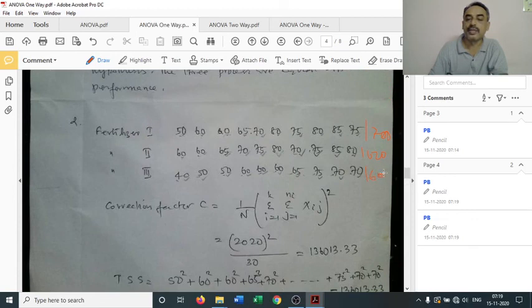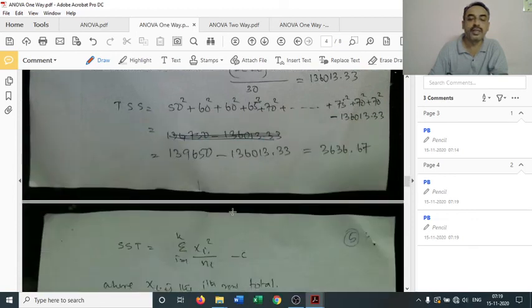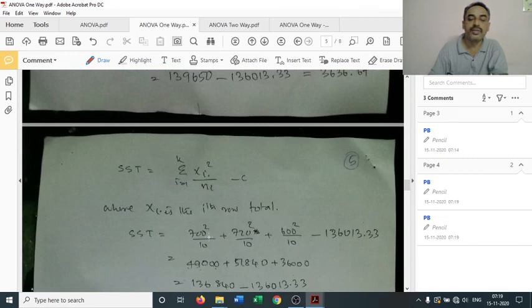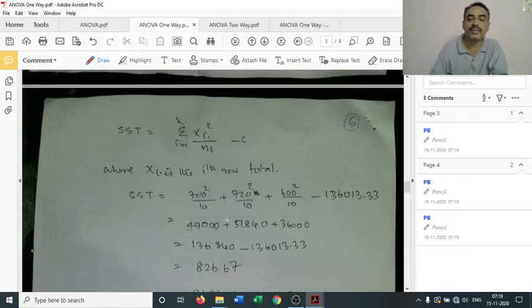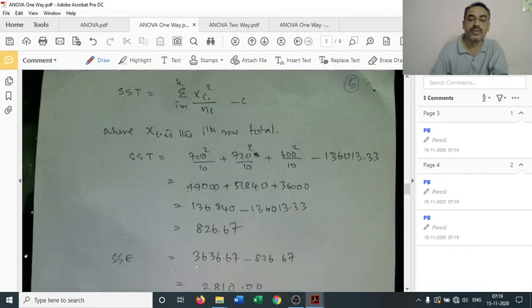So we are finding the sum of squares due to treatments, SST, by the sum of these rows' squares divided by the number of entries in each row. So 700 square by 10 plus 720 square by 10 plus 600 square by 10 minus that correction factor. You can see this is 826.67.